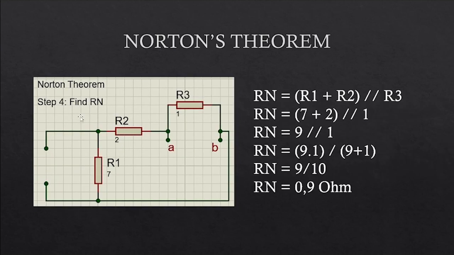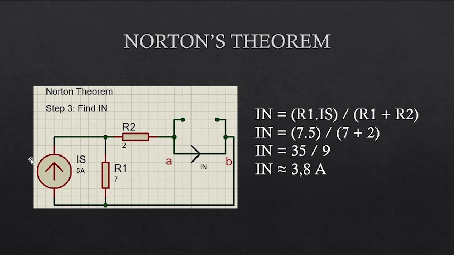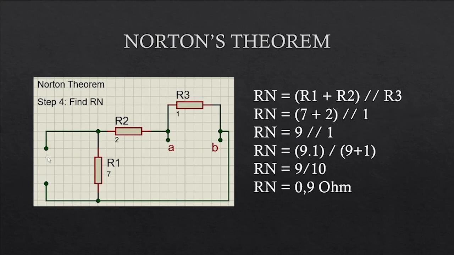Fourth step, finding the RN. In order to find the RN, we must set the IS here to 0, and we remove it. So the circuit is only like this. Take a look here. R1 is in series with R2, and these two are in parallel with R3.